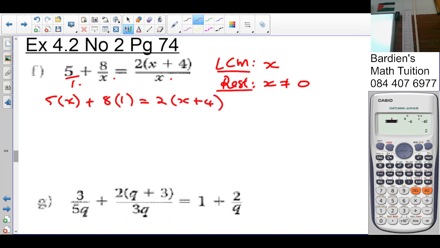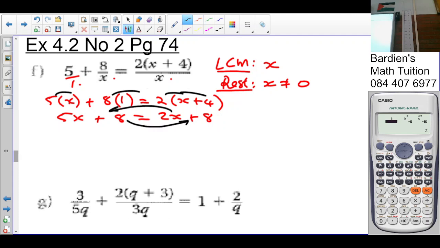Okay. So let's get rid of the brackets. We multiply out. So 5 times X, 5x, plus 1 times 8 is 8, equals 2x plus 8. So what do I do now? X is one side, number is the other side. So it will be 5x minus 2x equals 8 minus 8.